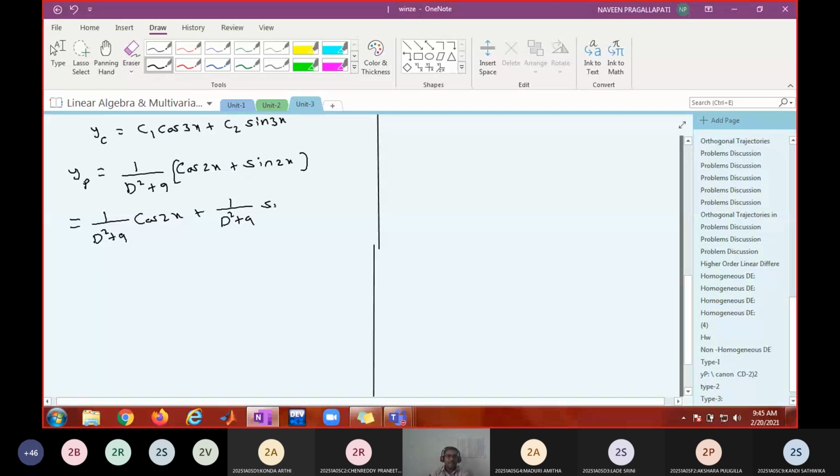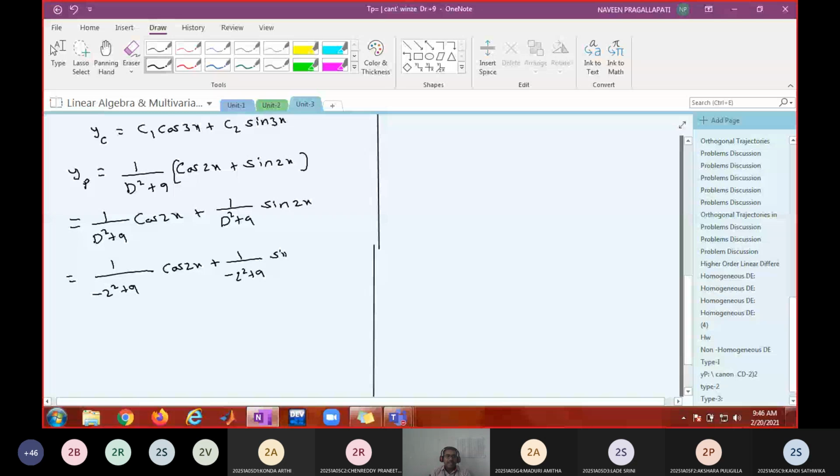Then you apply the type 3 formula to each of the terms. So it is in terms of D square. Wherever D square is there, replace D square with minus 2 square. So 1 by minus 2 square plus 9 of cos 2x plus 1 by minus 2 square plus 9 of sin 2x.